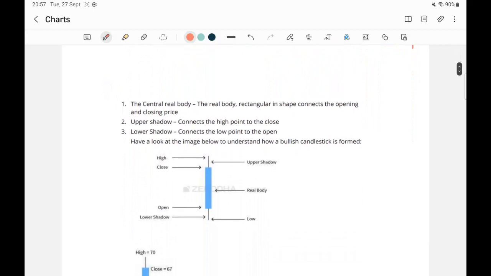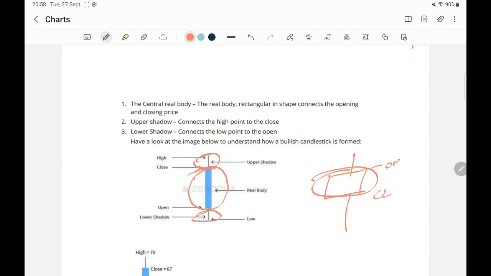Now let's understand the different components available in the candlestick. Broadly, the candlestick is divided into three parts. The first part is called the body. The part where the opening price and the closing price exist is called the body.